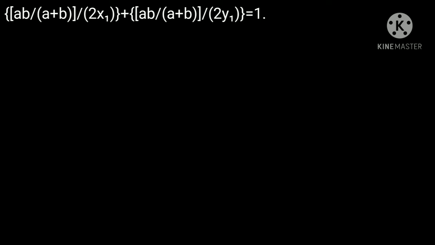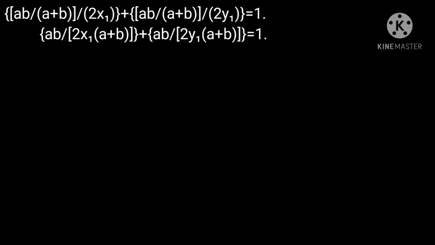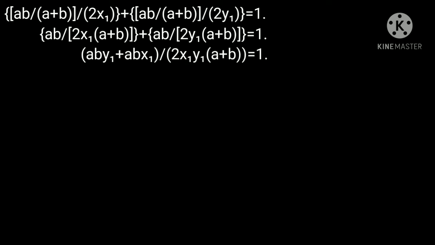Then after simplification, ab/(2x1(a+b)) + ab/(2y1(a+b)) equal to 1. Here take 2x1y1(a+b) as LCM. Then (ab y1 + ab x1)/(2x1y1(a+b)) equal to 1.